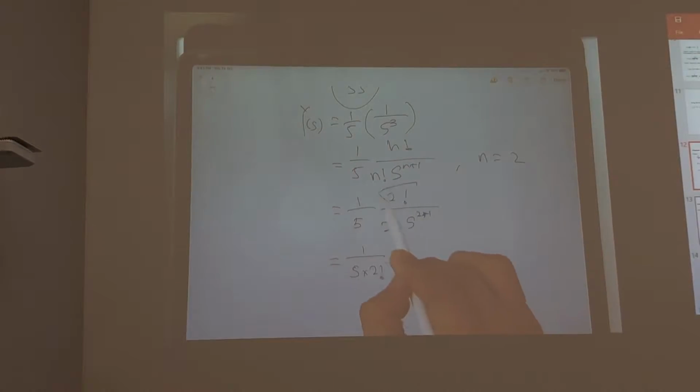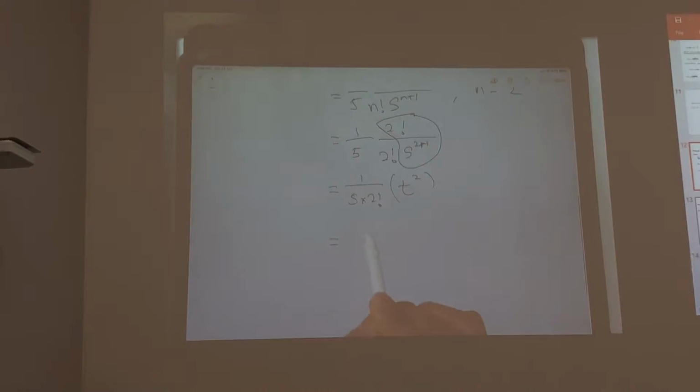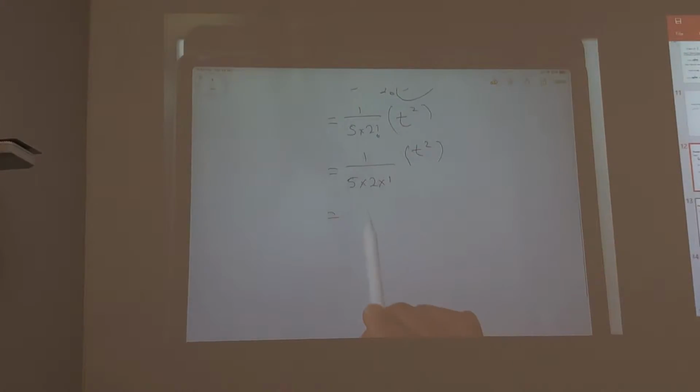This side, the entire thing, invert it back, becomes t power of 2. And 2 factorial is 2 times 1, and then this one is t power of 2. This is equal to 1 over 10 times t power of 2.